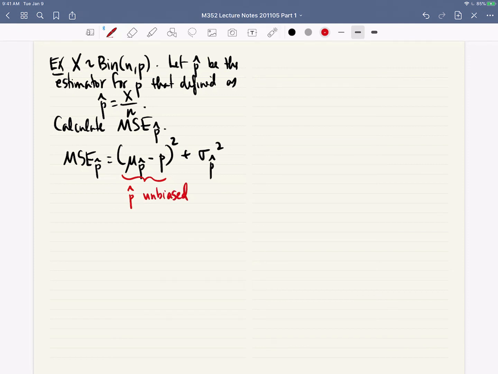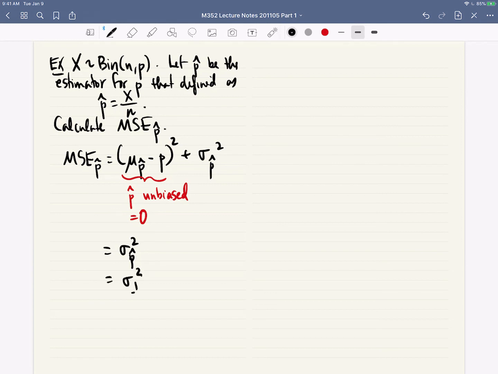The mean of the estimator minus the parameter value is called the bias of the estimator, and since this estimator is unbiased, this term is 0. That means that we just have to calculate the variance for our estimator.